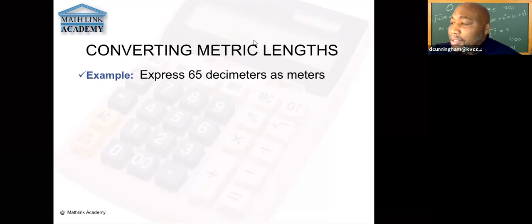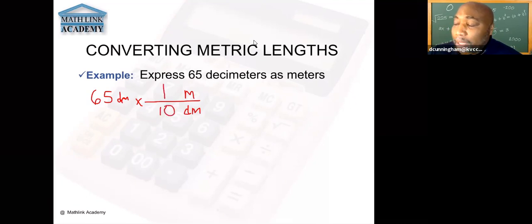What we have is 65 decimeters, and in this case, we're going to use our unit fraction. We need to know the relationship between decimeter and meter. So what do we know? We know that 10 decimeters equals 1 meter, or you can multiply by 0.1.